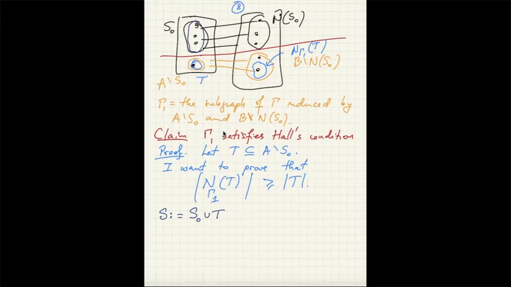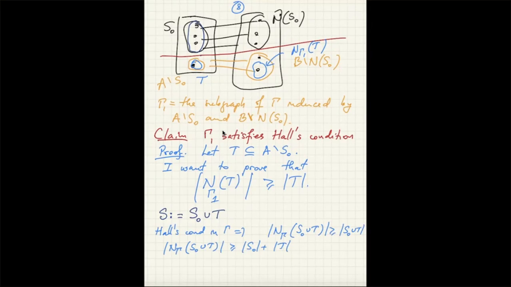Because in the graph gamma, Hall's condition is satisfied, Hall's condition in gamma implies that the neighborhood in gamma of S0 union T is greater or equal to the cardinality of S0 union T. That's the same thing as the cardinality of S0 plus the cardinality of T, because S0 and T are disjoint.